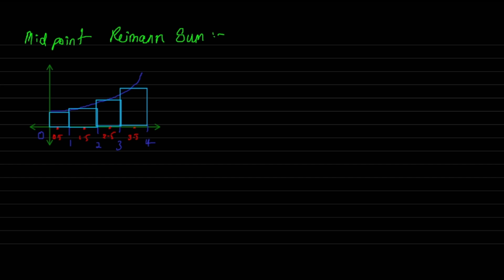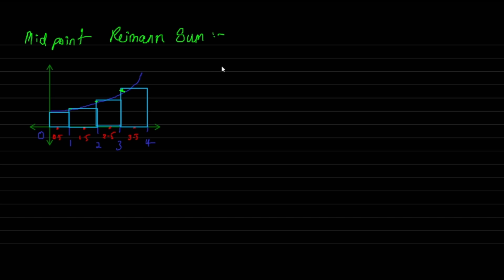If I would have done a right-hand Riemann sum, it would have been a much larger value, and if I did a left-hand Riemann sum, it would have been much lower. But this has much less overlap in that regard. So it will give us the most accurate answer in comparison to left-hand and right-hand.